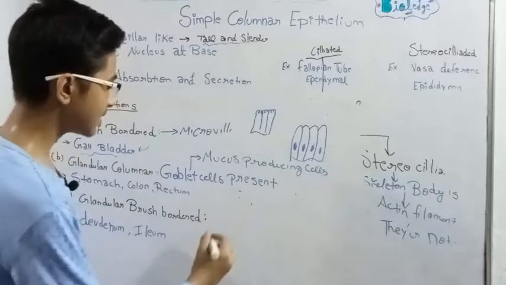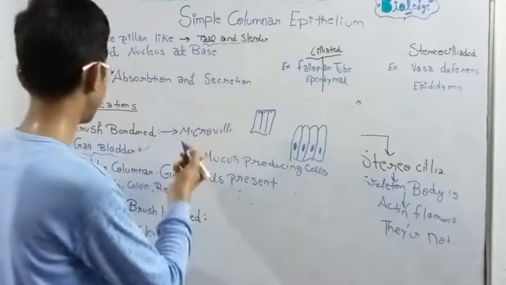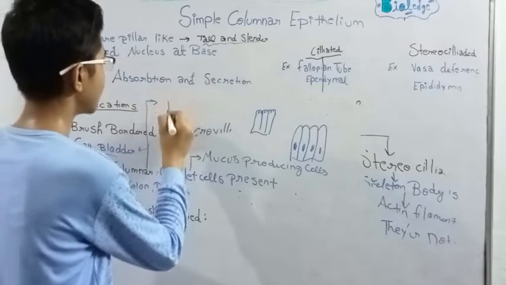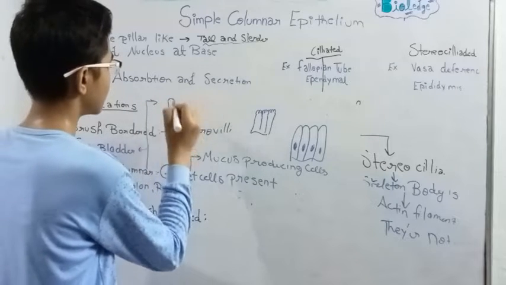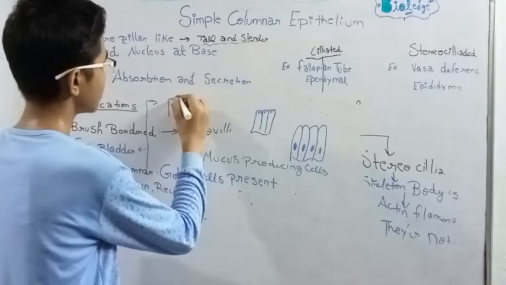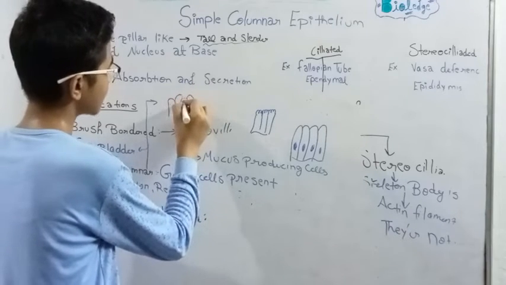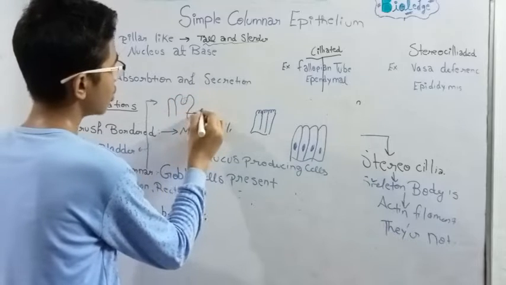They are arranged something like that. Let's draw the diagram of them. They are located like that. This is the simple columnar, and these cells are located something like that. So they are goblet cells.